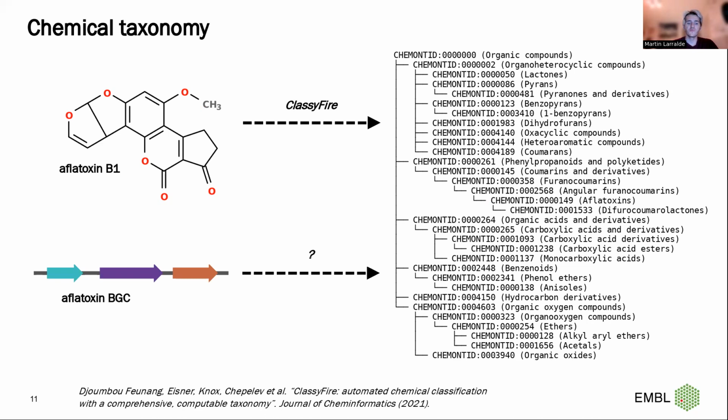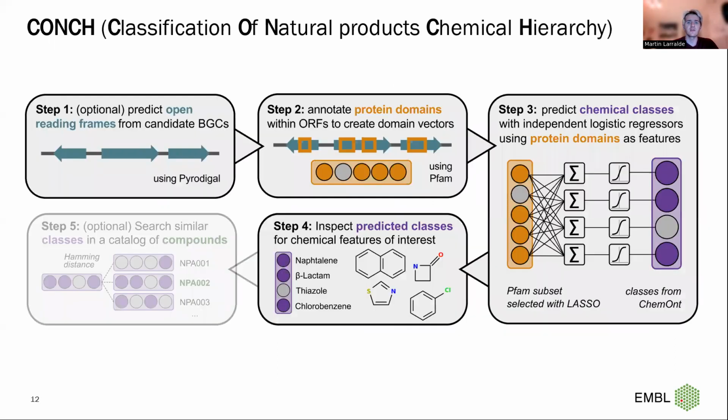To approach this problem, we developed a novel method called CONC, which stands for Classification of Natural Product Chemical Hierarchy, where we yet again start by predicting the genes and the protein domains from each BGC, but then use independent logistic regressor classifiers to predict chemical classes for a given BGC. The result is actually a vector of predicted classes that can be inspected for chemical features of interest.